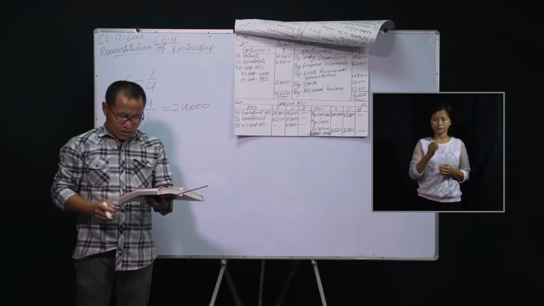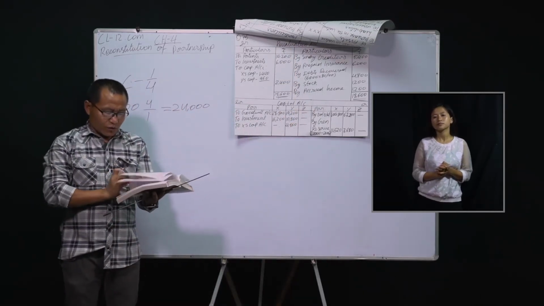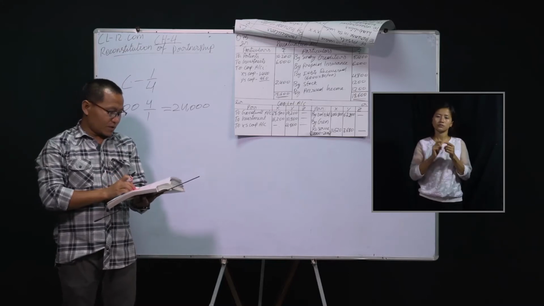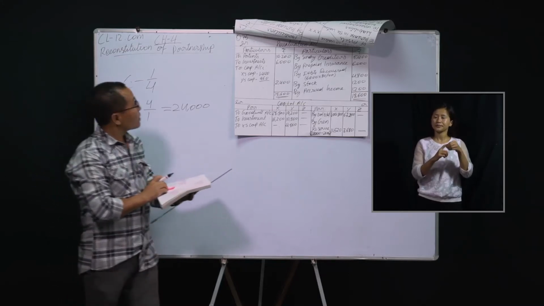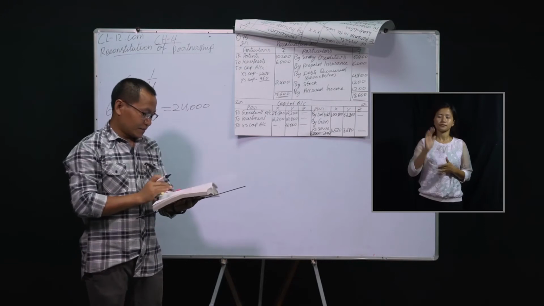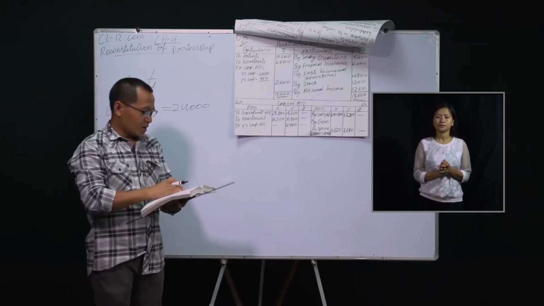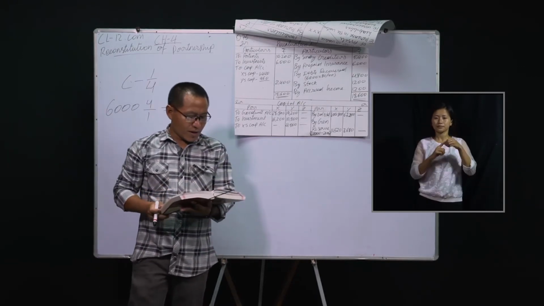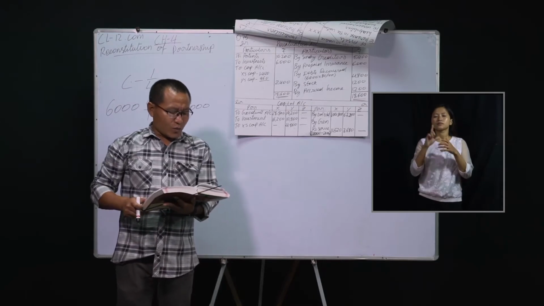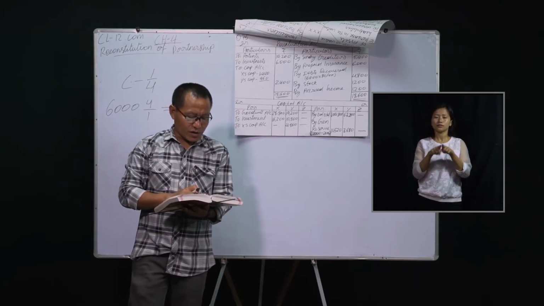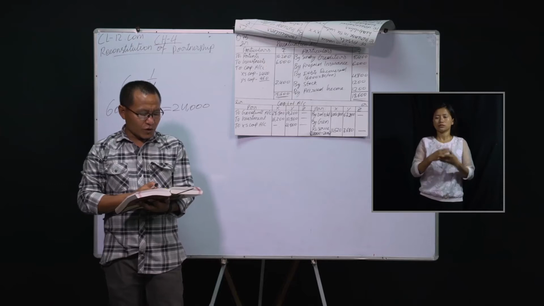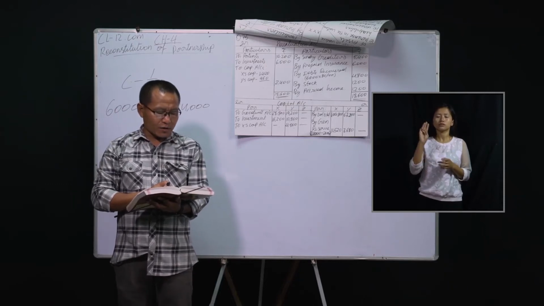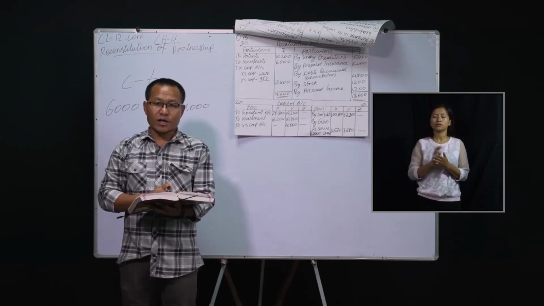Next is, let's solve question number 75. Let me read out the question. The balance sheet of X and Y, who share profits and losses in the ratio of 3:2 at 31st March 2014 was as follows.